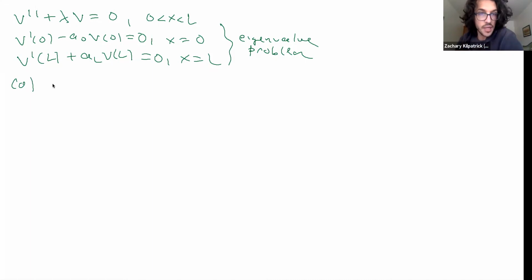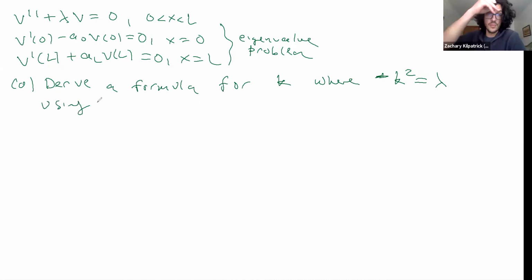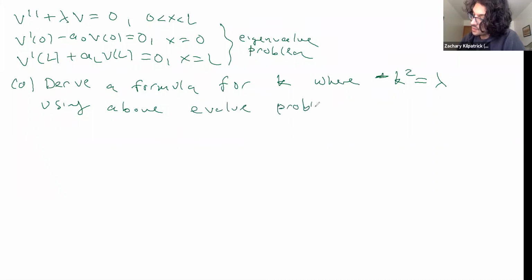I want you to derive a formula for k, where minus k squared is equal to lambda, using the above eigenvalue problem.